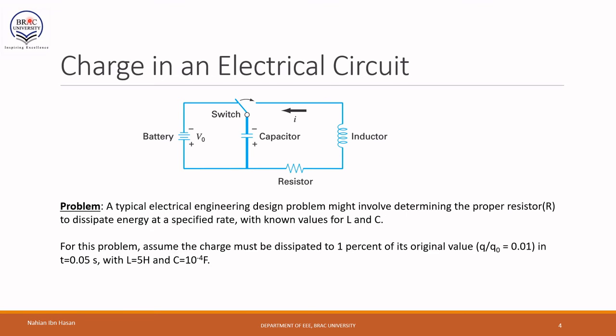We already know the equation of the charge that flows through the switching circuit. A standard problem that usually appears in various examples or practical scenarios is to find the resistance value to dissipate a certain amount of energy.